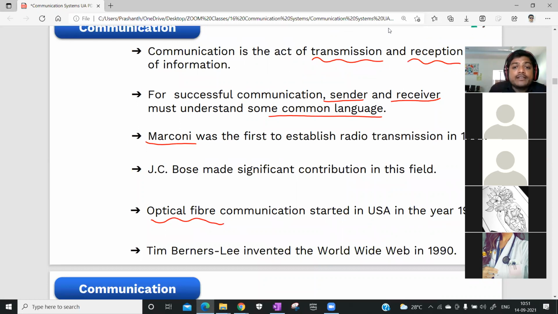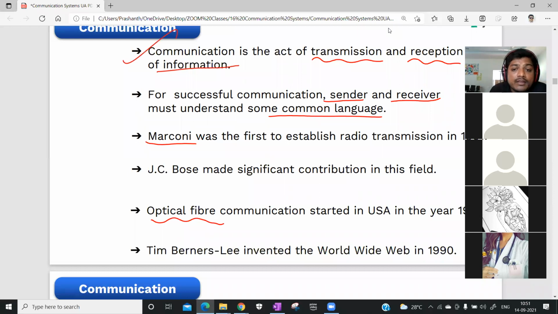Communication is an act of transmission and reception of information: we send the information and we receive the information.